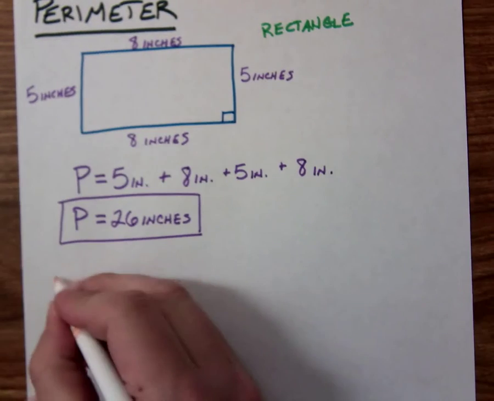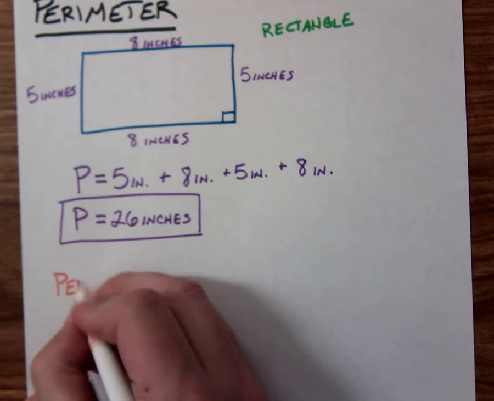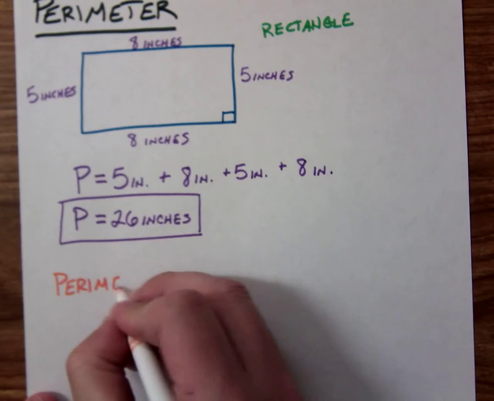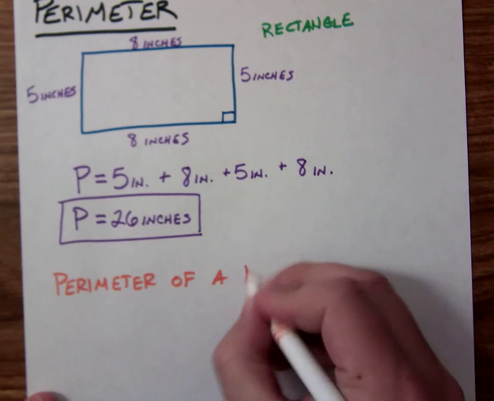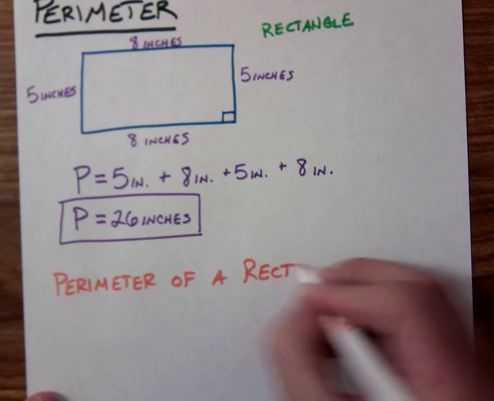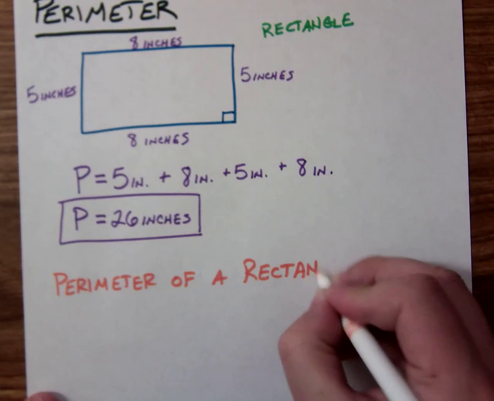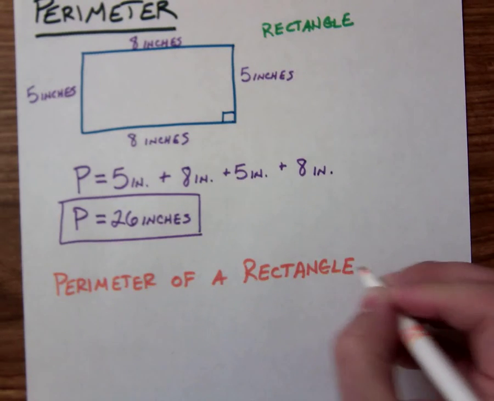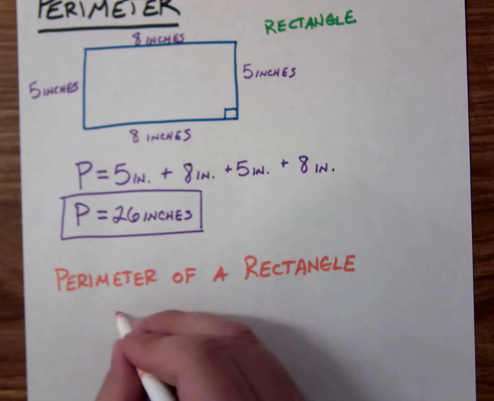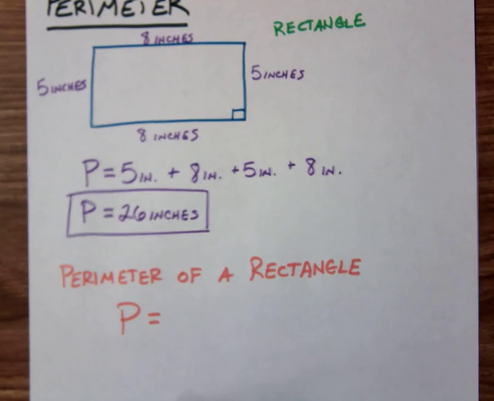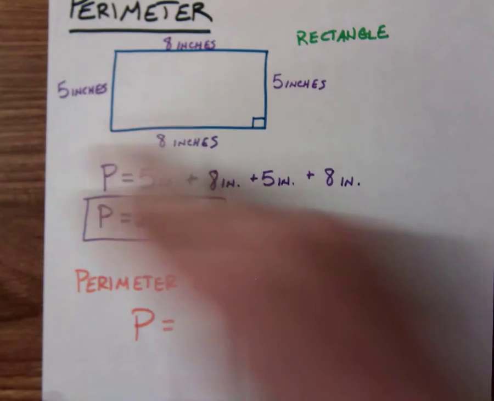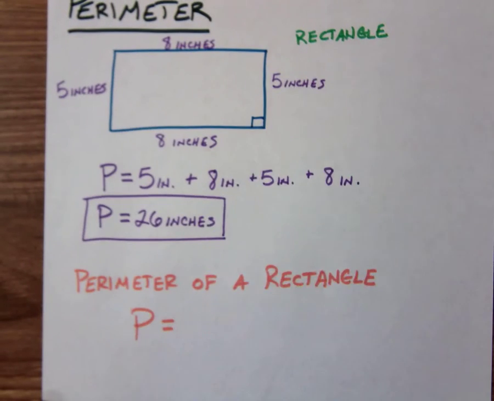So we can actually simplify the formula for the perimeter of a rectangle like this. To find the perimeter of a rectangle, I would take the length of the rectangle, which is going from left to right, the distance there, 8 inches.